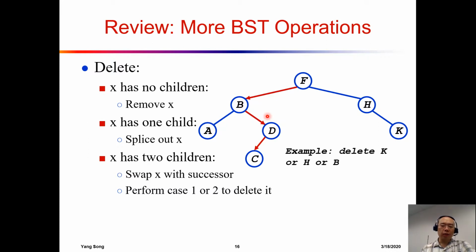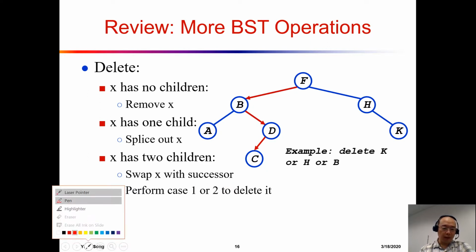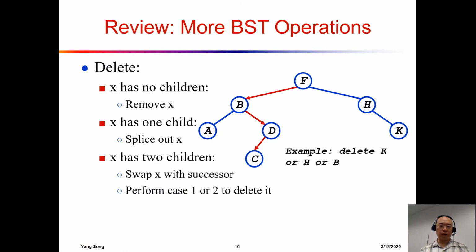Okay, so the first step is to swap X with the successor. What will happen is like this. Let me write here. If you swap b with the successor, the new value here will be c, and b will be swapped here.